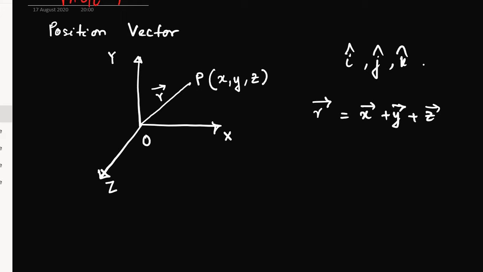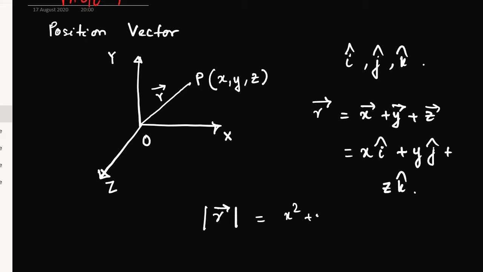But in orthogonal components, it would be x i cap plus y j cap plus z k cap. Okay. So if it is so, what would be the magnitude of r vector? The magnitude of r vector will be given by the square root of x square plus y square plus z square.